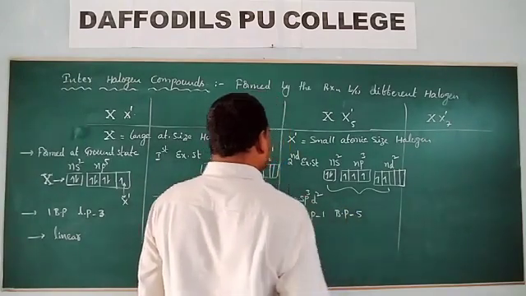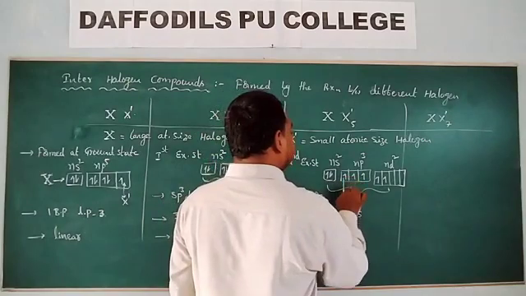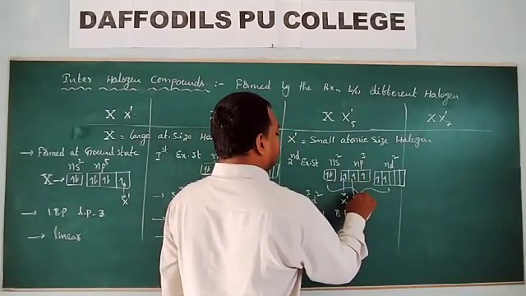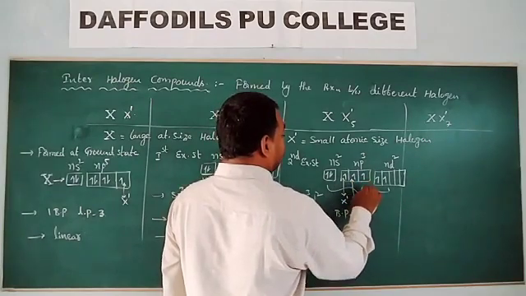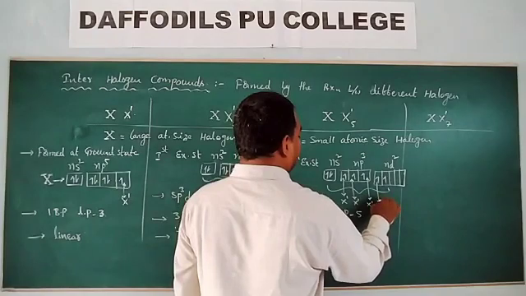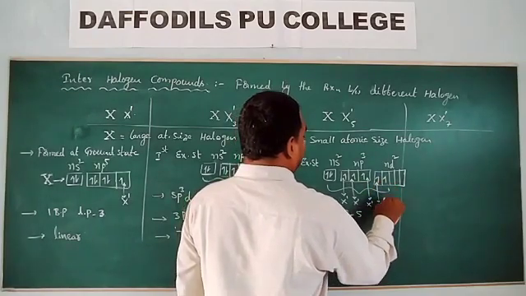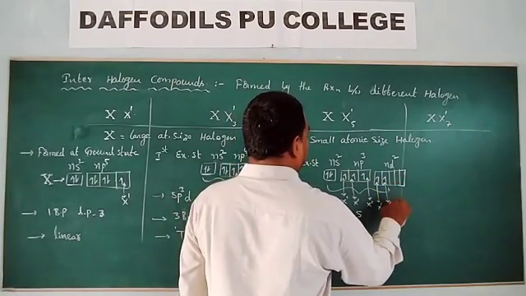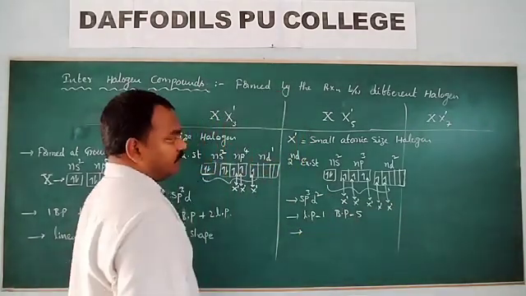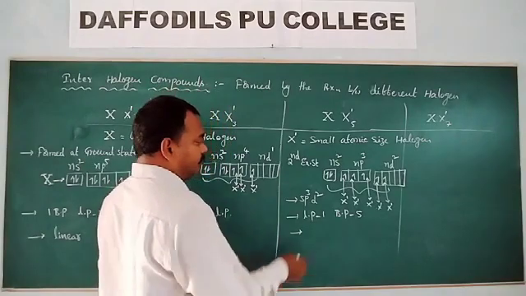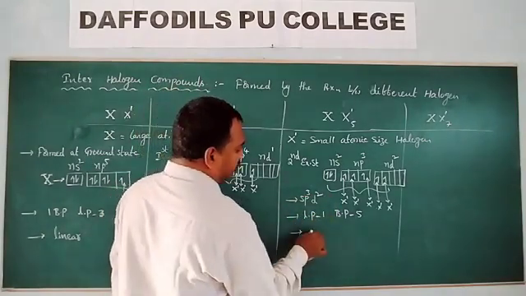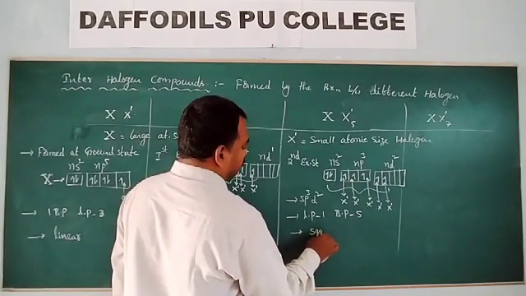These 5 unpaired electrons will bond to X dash. Shape of the molecule: sp3d2 hybridization is there, 1 lone pair, 5 bond pairs are there, so the shape is square pyramidal.